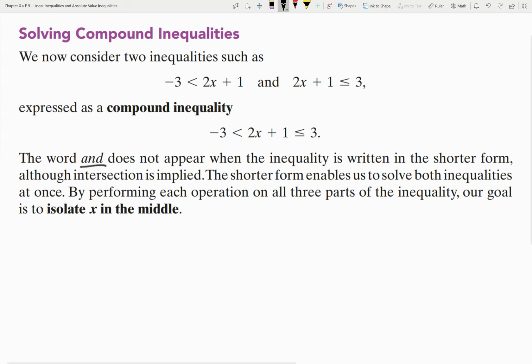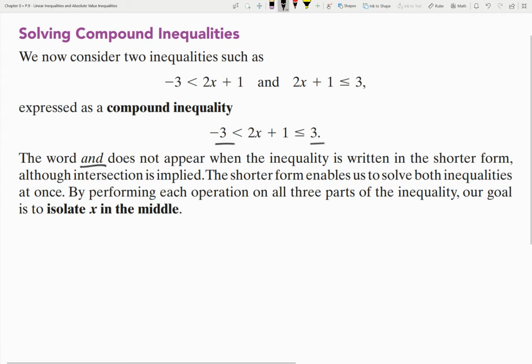The word and does not appear when the inequality is written in its shorter form. In this compound inequality, you always start with the smaller constant, smaller one to the left, and then your variable terms in the middle. Even though the word and does not appear, the intersection is implied. We're saying that 2x plus 1 is in between -3 and 3.